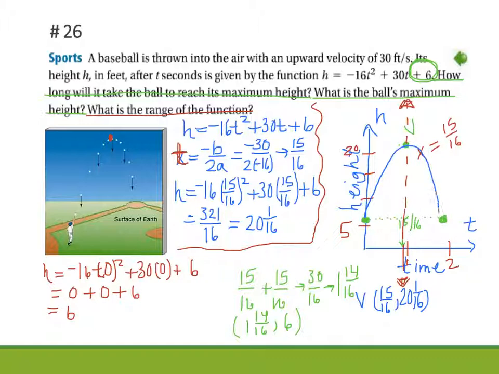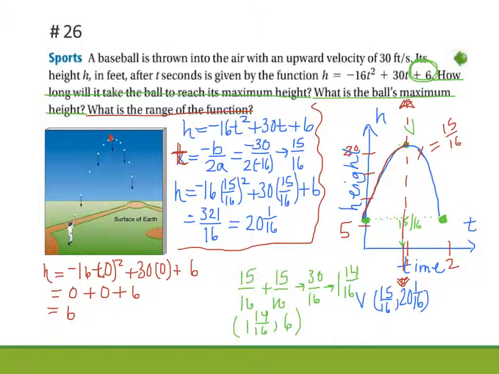parabola, like so. So let's think about what the problem then is saying. The baseball player, who was probably about 6 foot tall, throws the ball up in the air with an initial upward velocity of 30 feet per second. So the ball starts to travel up. As it's traveling up, it's losing its speed till it reaches a maximum height.